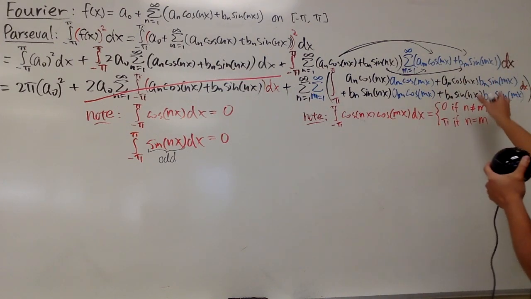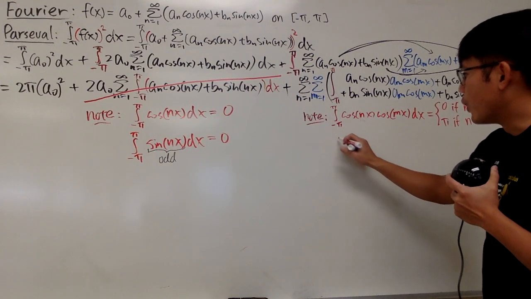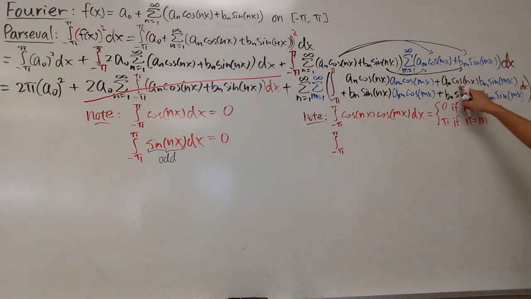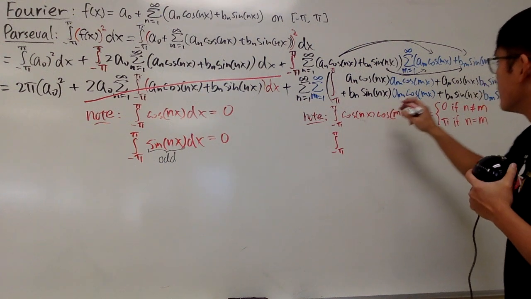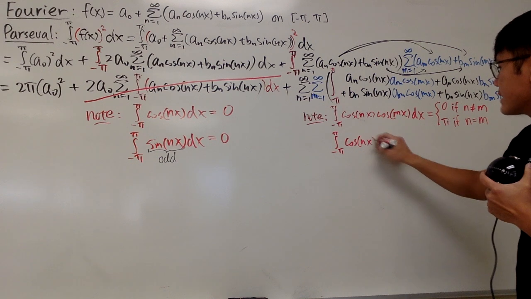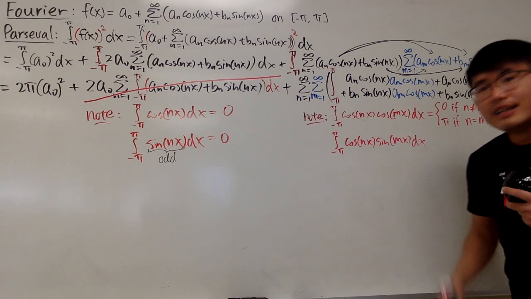And then I will put down the other one for you guys as well. So the other one is when we have the integral from negative pi to pi. As you can see here, we have cosine times sine, right? So I'll put this down right here for you guys. So when we have cosine of nx times sine of mx dx, guess what?